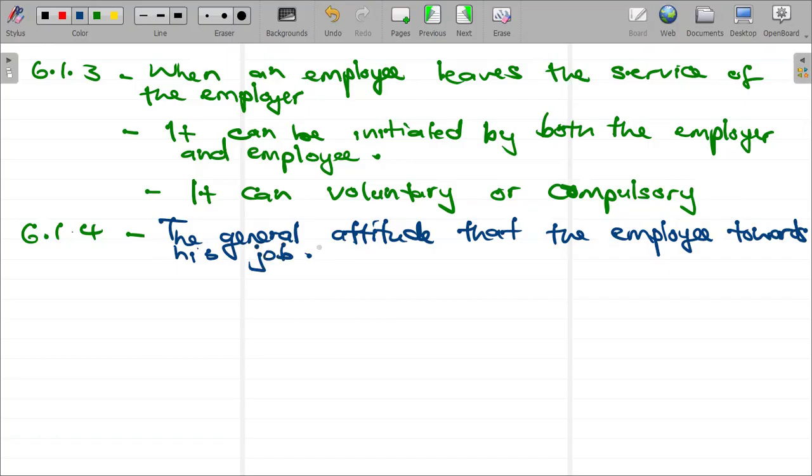Meaning to say a person might have a negative or a positive attitude.